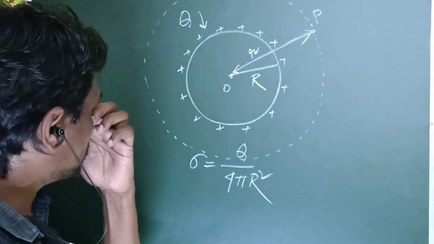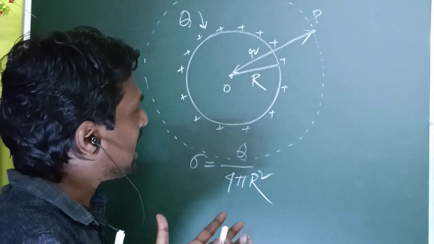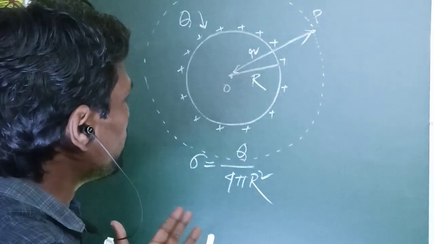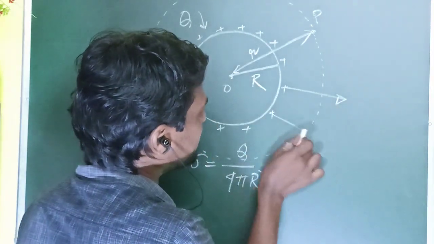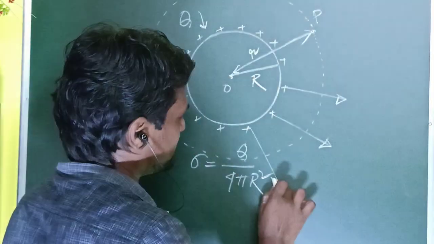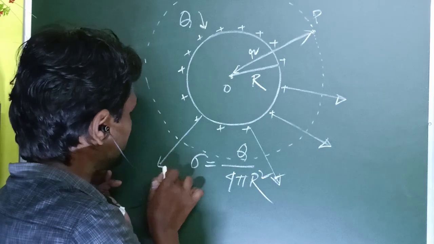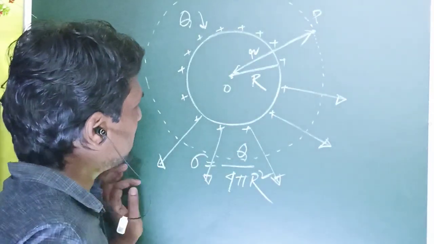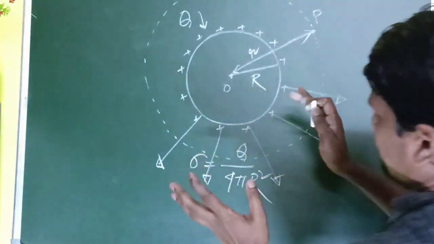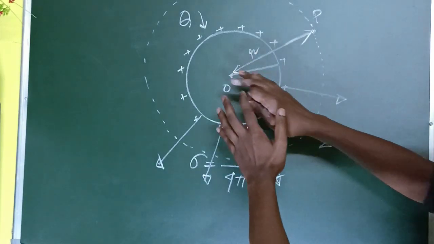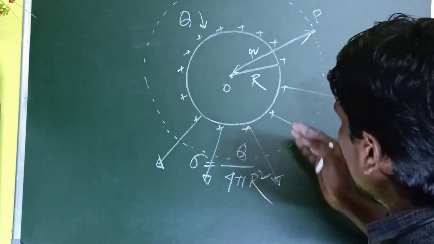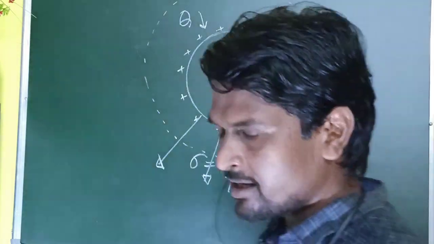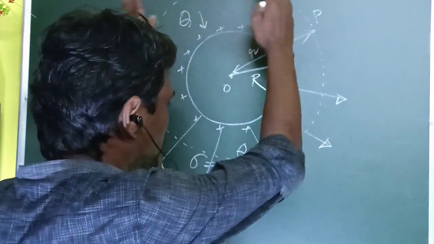Okay. So you can consider a Gaussian surface, a hypothetical surface, and you have to calculate the flux generated and penetrating that particular surface. All the charges are on the surface of the thin spherical shell, and electric field lines are crossing that Gaussian surface.